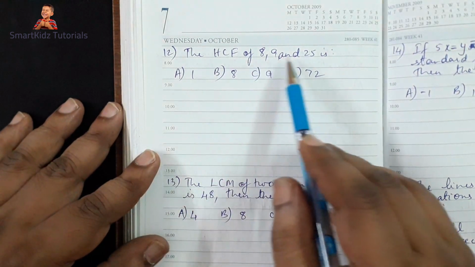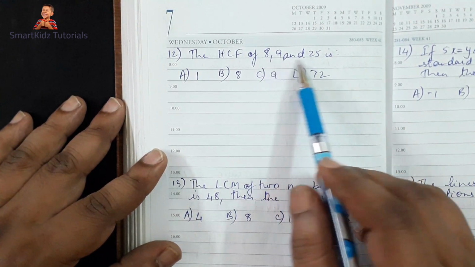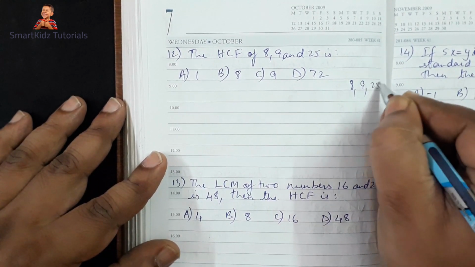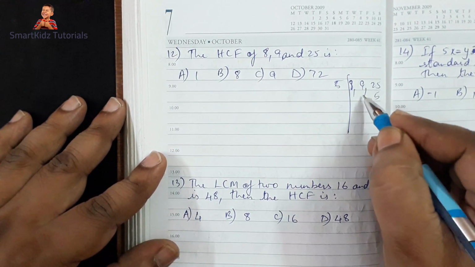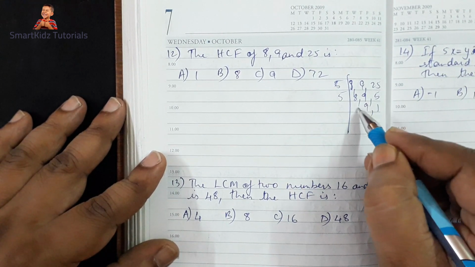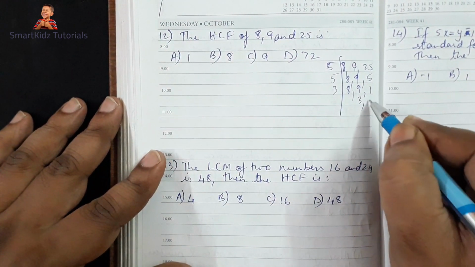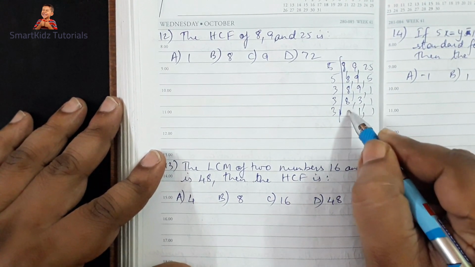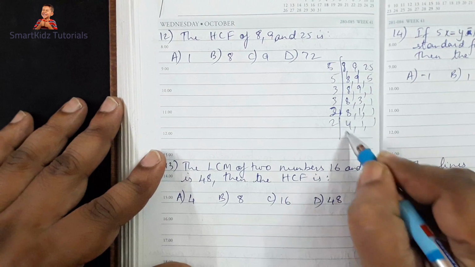Next question, the HCF of 8, 9 and 25 is, clearly if you have a look at them, you will not have anything common between them, which means the HCF should be 1, but I'll just show you 8, 9 and 25. 5 5s are 25, 9 remains the way it is, 8 also. 5 1s are 5, then 3 3s are 9, 1, 3, and 8 continues. 3 1s are 3, then 2 4s are 8, 2 2s are 2.